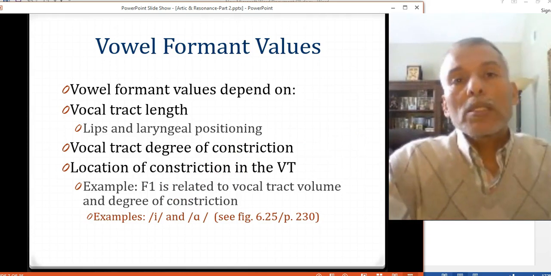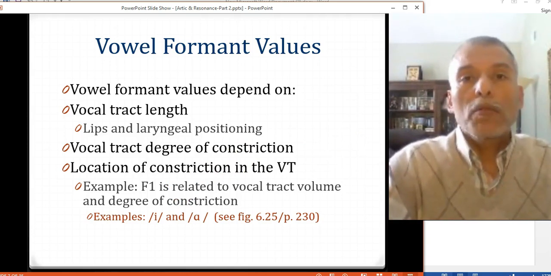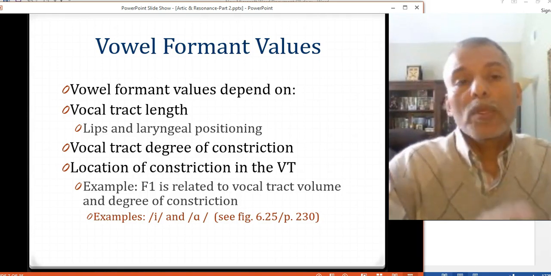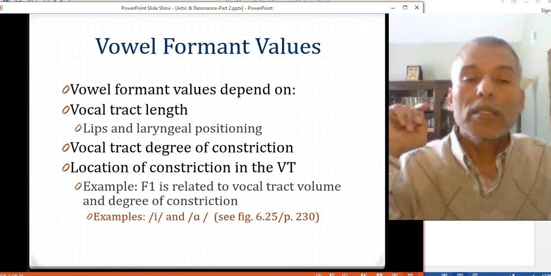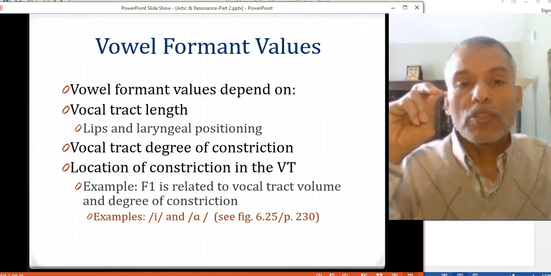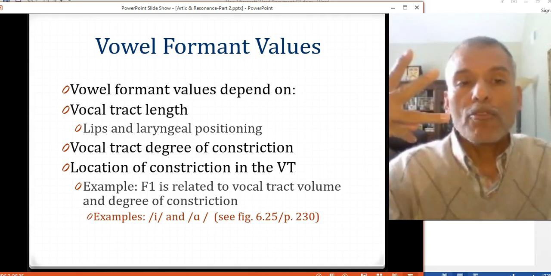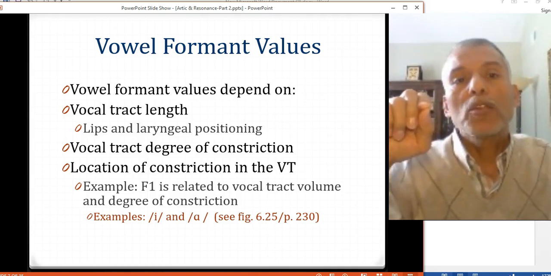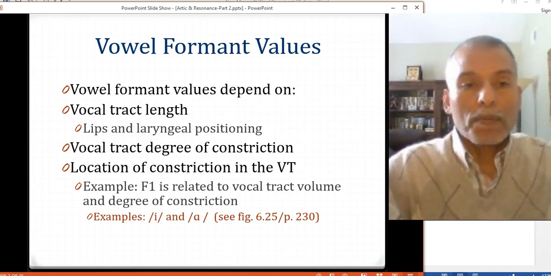So let's look at vowel formant values or frequencies. Vowel formant values depend on the length of the vocal tract, the degree of constriction of the vocal tract, and the location. Where is that constriction in the vocal tract? So three characteristics, or three factors, determine the resonant values of the vowels.